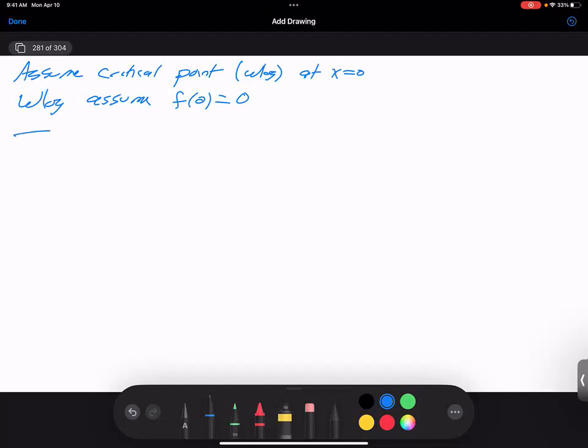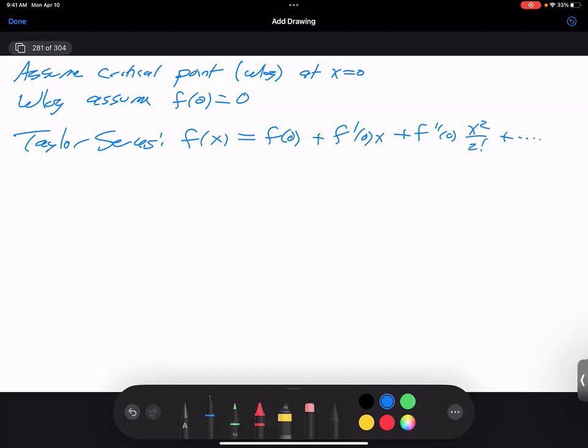So we can write Taylor series. f of x is equal to f of 0 plus f prime of 0 times x plus f double prime of 0 x squared over 2 factorial plus dot, dot, dot.